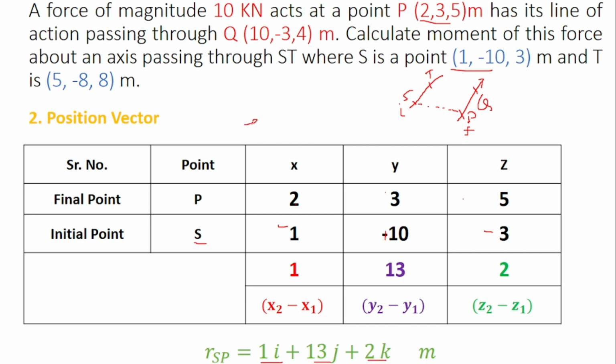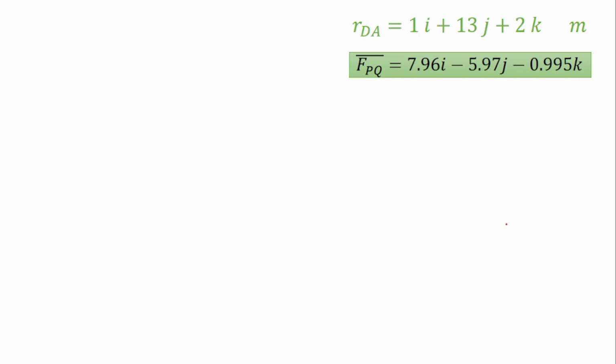The basic formula of position vector is (x2 minus x1)i plus (y2 minus y1)j plus (z2 minus z1)k. So this is the standard formula for the position vector. Just put the values of x2 minus x1, y2 minus y1 and z2 minus z1 in the equation. We have got the values of the position vector and the force vector.